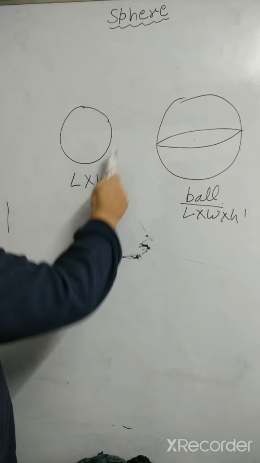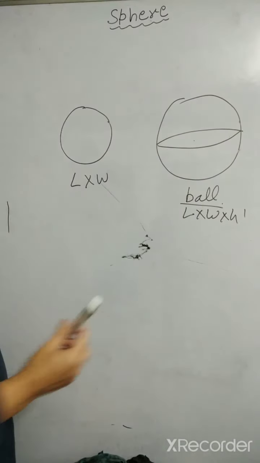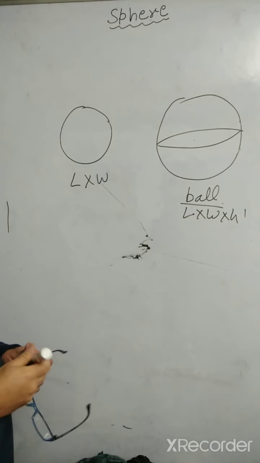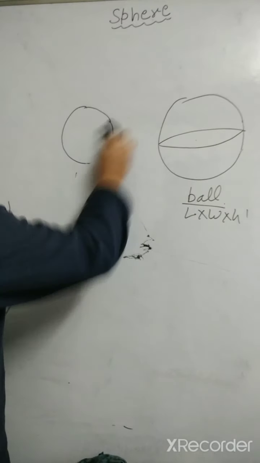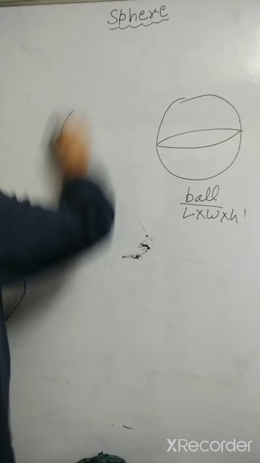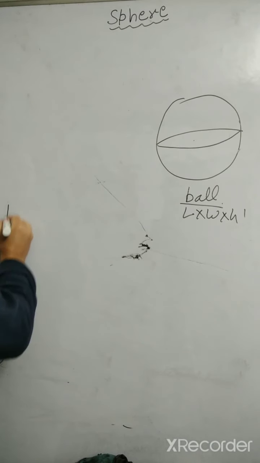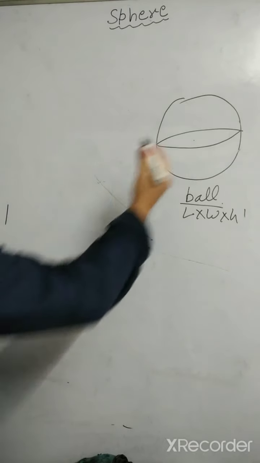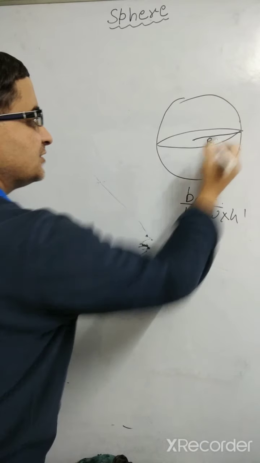A bangle is a circle, and this ball, a plastic ball or a shot put ball, is an example of a sphere. Now today I'll tell you how to find the volume, the curved surface area and the total surface area of this sphere. Got it? Now suppose this is the radius of this sphere.